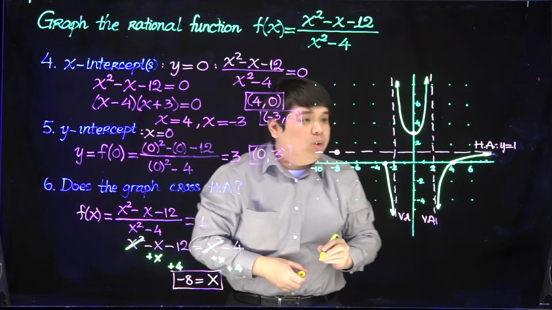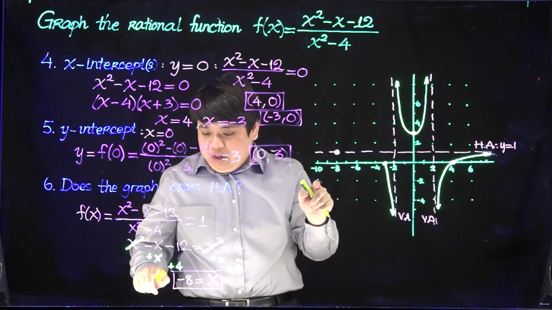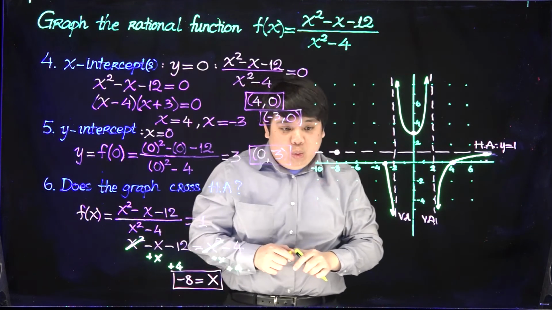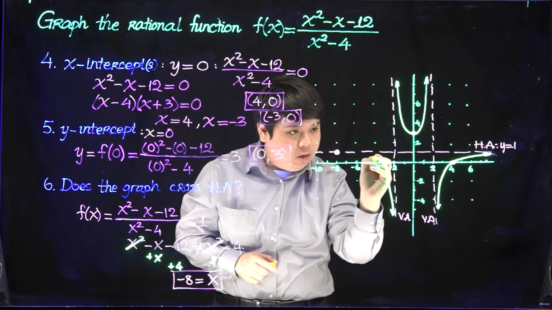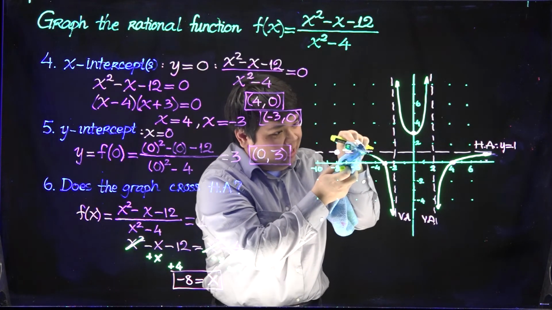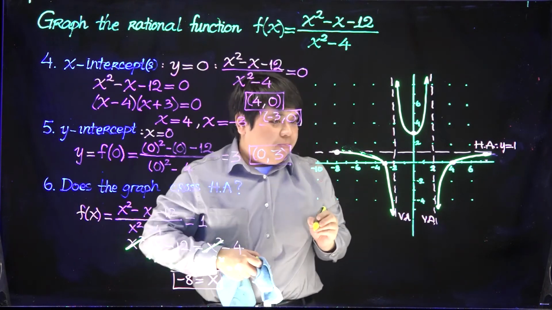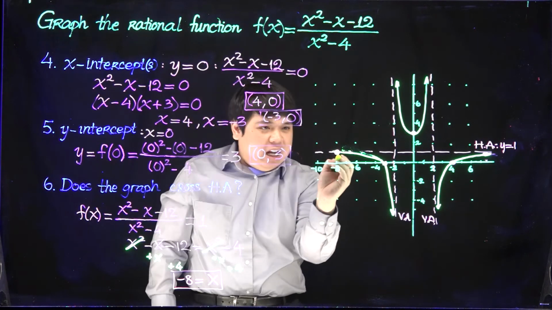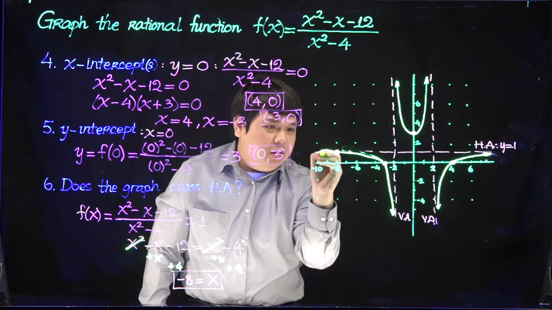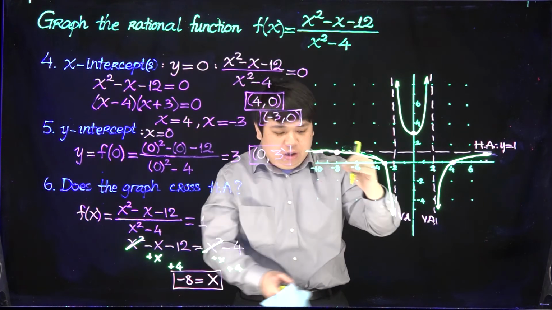Right. Next, the graph will approach the vertical asymptote here. It will go up and hit that point because we showed that x equal to negative 8, y equal to 1. So we have that point. After that, it will go briefly for a moment, but at the same time, it has to go back to approach the horizontal asymptote.